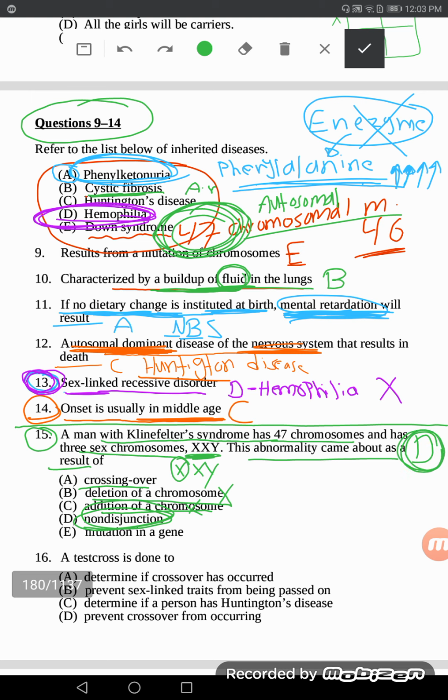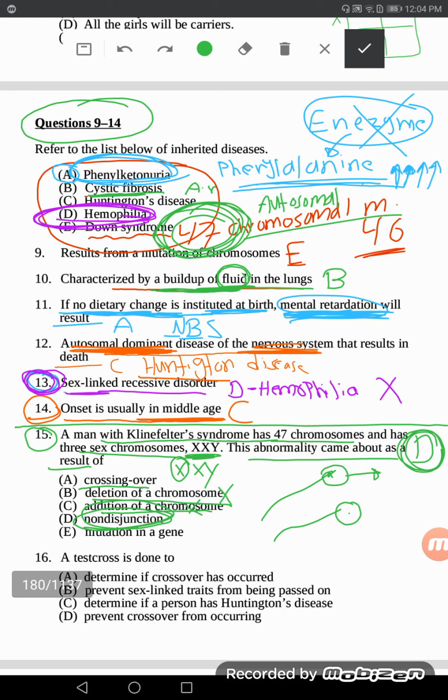It is D. Non-disjunction means the chromosomes are not separated very well, okay. We know that due to the law of segregation, the chromosomes will be separated from each other during the formation of gametes. But sometimes a gamete contains one extra chromosome, while the other contains none, okay.